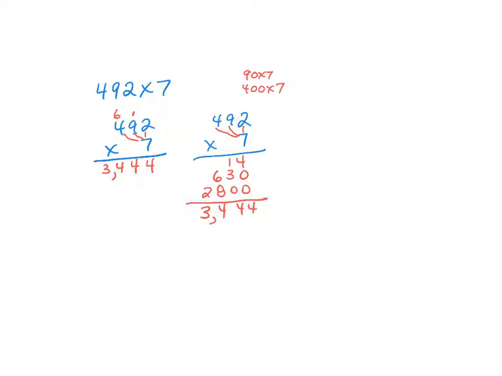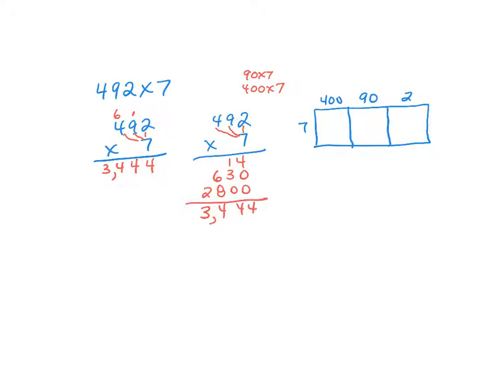There is one other way that really is the same thing that I just showed you, but it's called the box method. If I wanted to multiply 492 times 7, I can set up a box. I am multiplying 7 times 492. I'm going to put a 7 over here on the left-hand side, and because 492 has 3 different digits in it, I'm going to break up that 492 as 400 plus 90 plus 2.